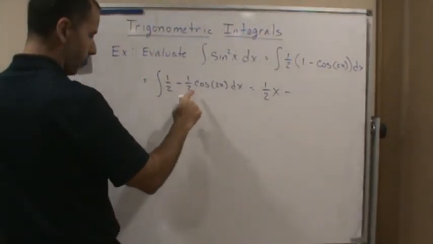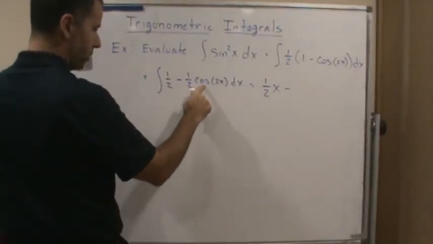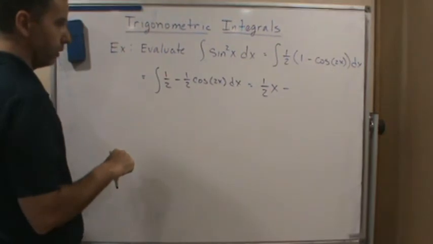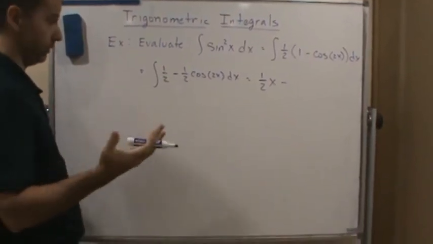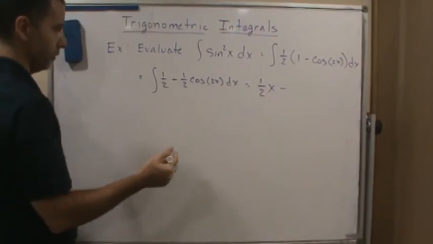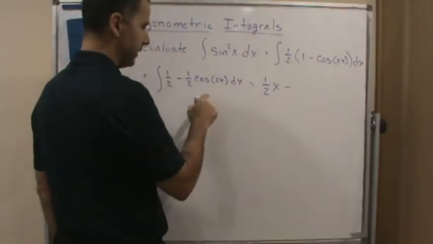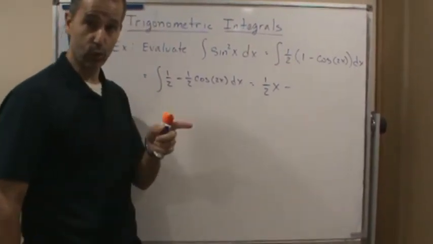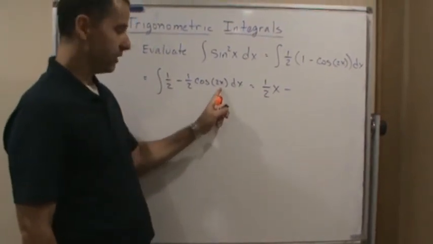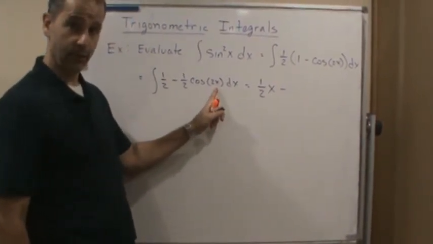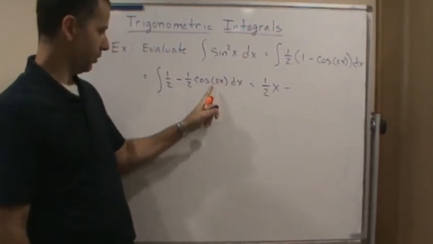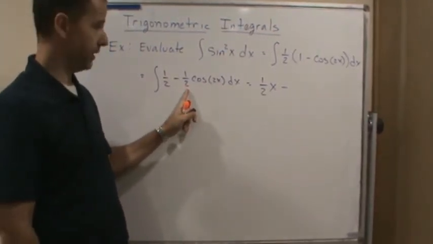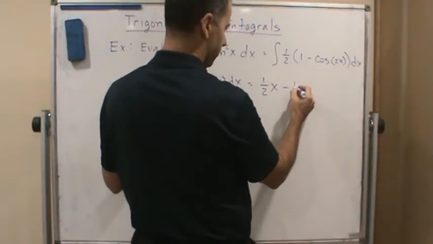well, what's the integral of cosine? The integral of cosine is sine, right? The antiderivative of cosine is sine. So we're going to get sine 2x, but then using the chain rule for integration, we have to divide by the derivative of the inside, which means we have to divide by 2, which means that this 1/2 is going to become 1/4.